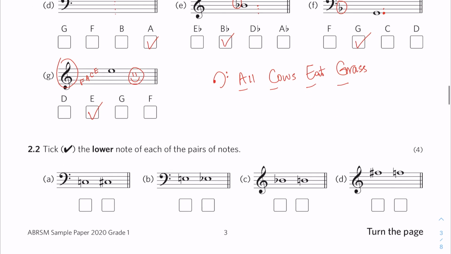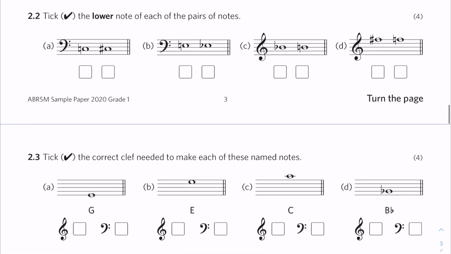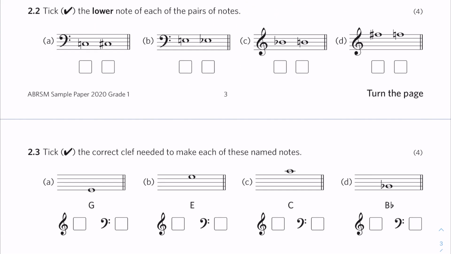Going to question 2.2. Take the lower note of each of the pairs of notes. For question A, we have C, because All Cows, that's C natural, just a C, so I can cross out the natural, followed by a C sharp. So which one is the lower note of the two?